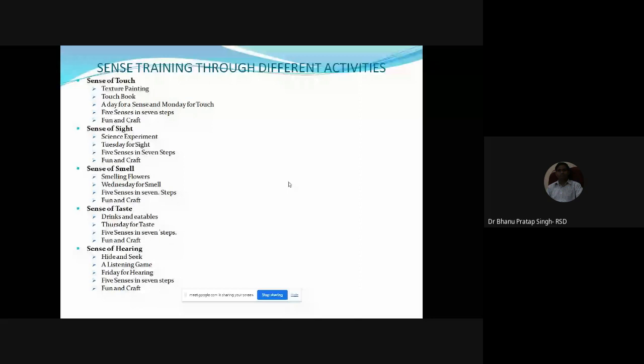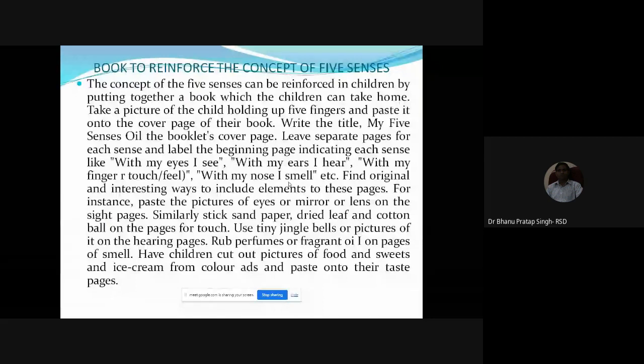So these senses should be developed through various kinds of reinforcement.